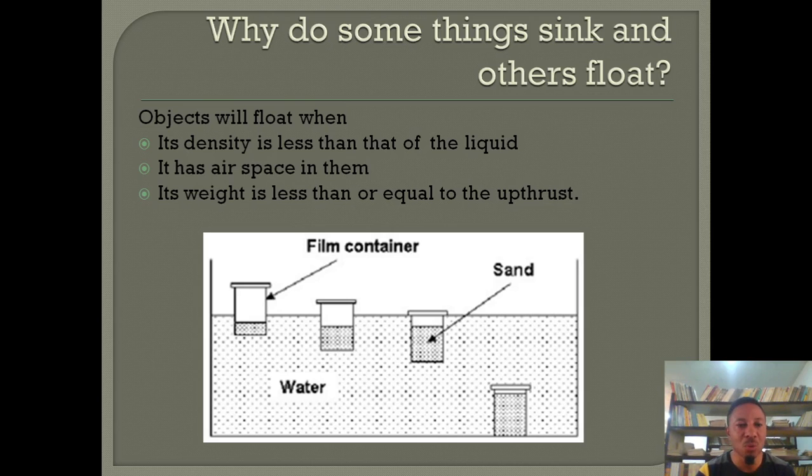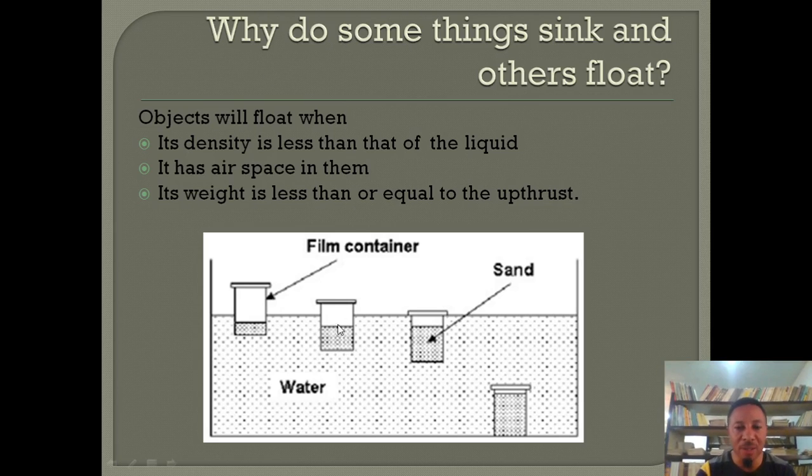Number two, if it has air spaces in it, like what you have on the screen here. The bigger the air spaces, the better it floats. This is actually used in a lot of designs of objects that move, float or sink in water.